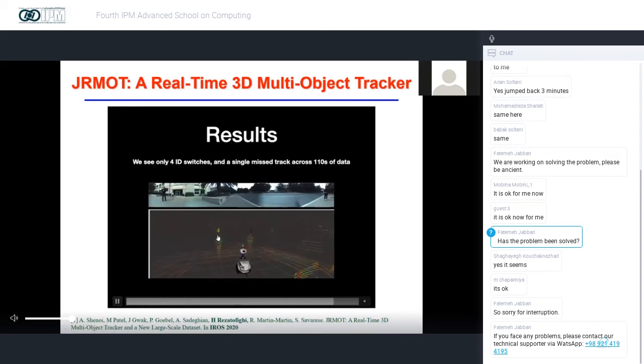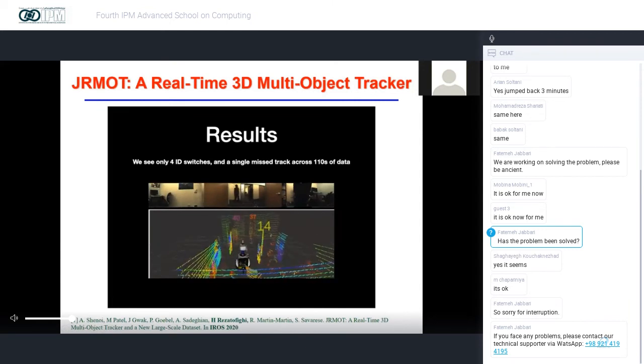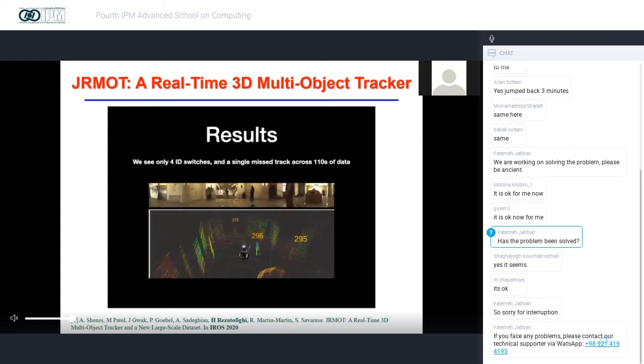The number above each person represents the ID. It shows we have just a few ID switches and a single mistrack across about 2 minutes of data, which is quite reasonable. It means we are able to reliably do 3D tracking of humans directly from the robot platform.